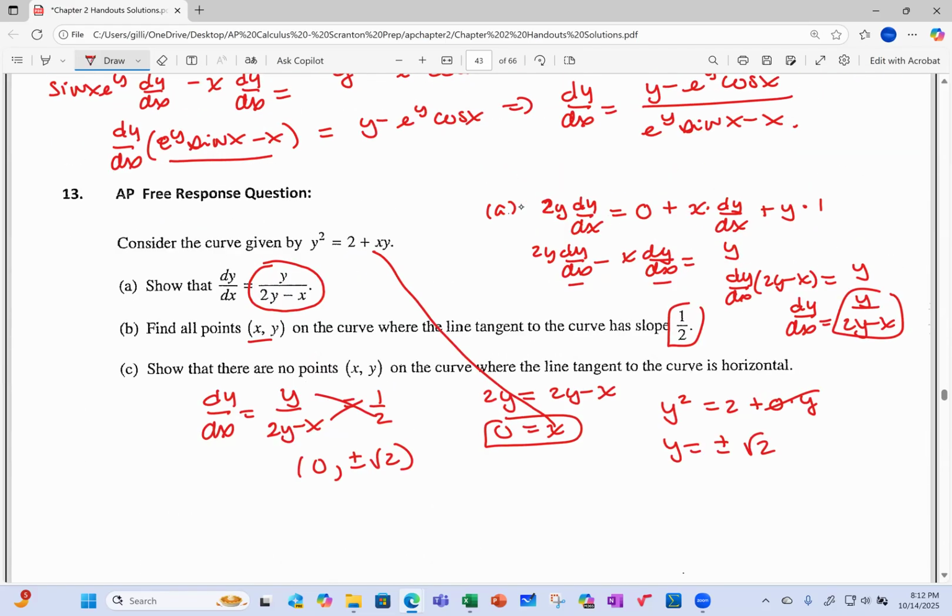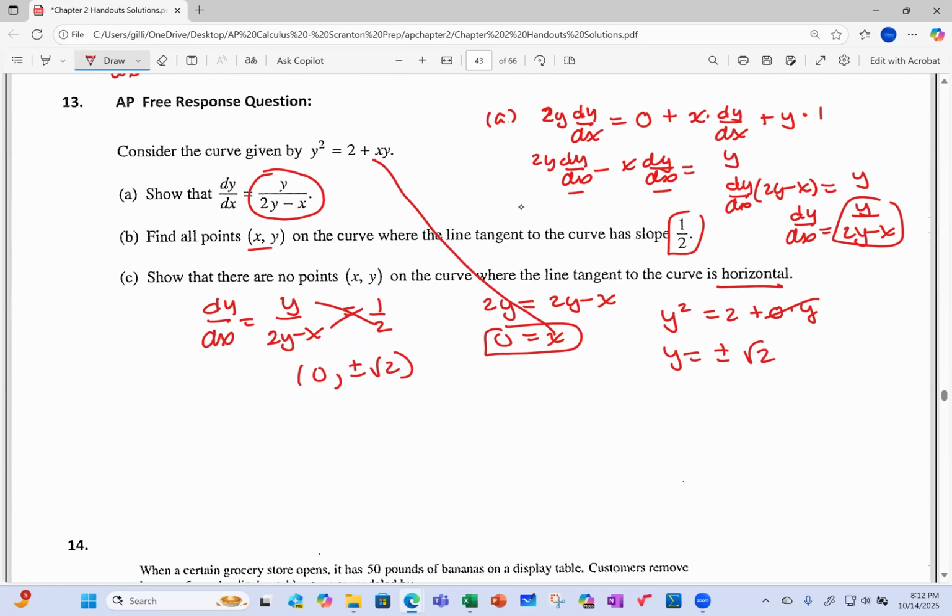In part C, finally, show that there are no points on the curve where the line tangent to the curve is horizontal. So we need to know, again, that vertical tangents imply where the derivative does not exist, and horizontal tangents imply where the derivative is equal to 0. But in a fractional case, the derivative will only be equal to 0 when the numerator equals 0.